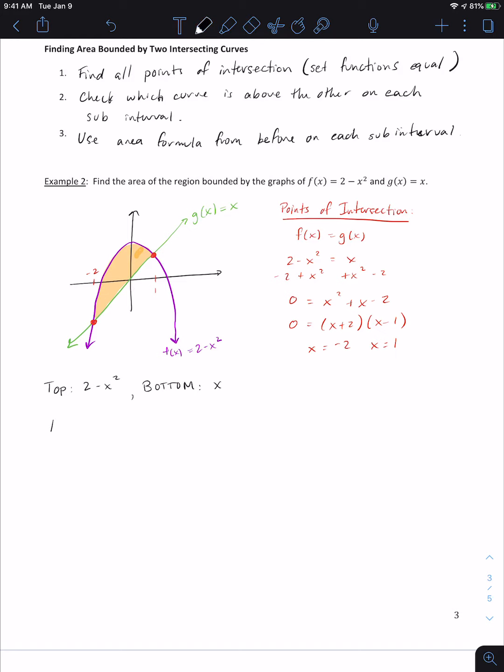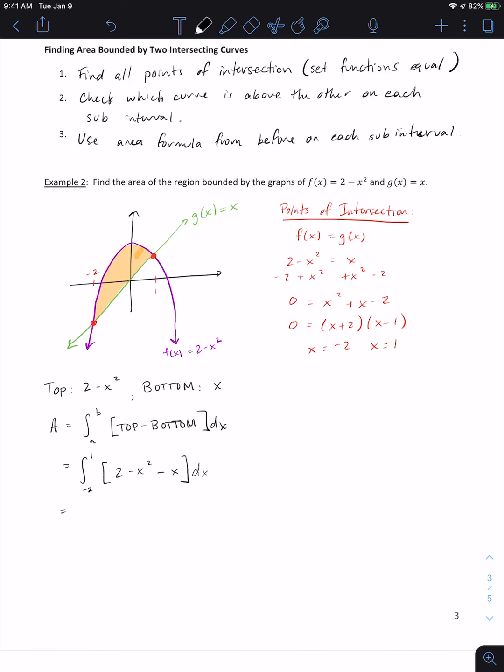So now my area, as always, is going to be the integral from a to b of top minus bottom dx. Our a to b, we know we start at negative 2 and go to 1. And now it's going to be my top function, 2 minus x squared, minus my bottom function, which is just x.